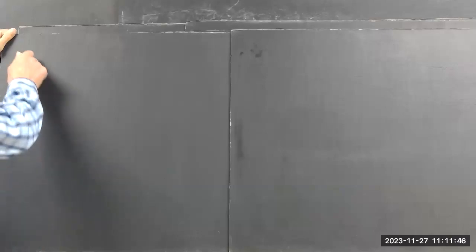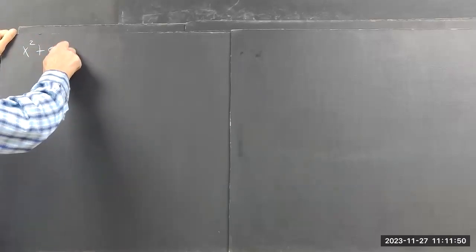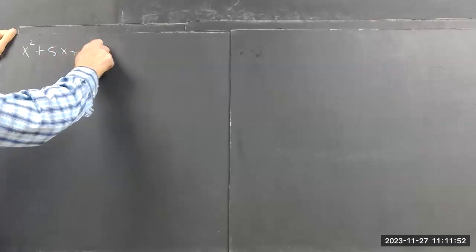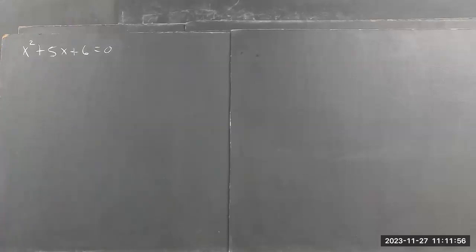Okay, so we have the equation x squared plus 5x plus 6 equals 0.